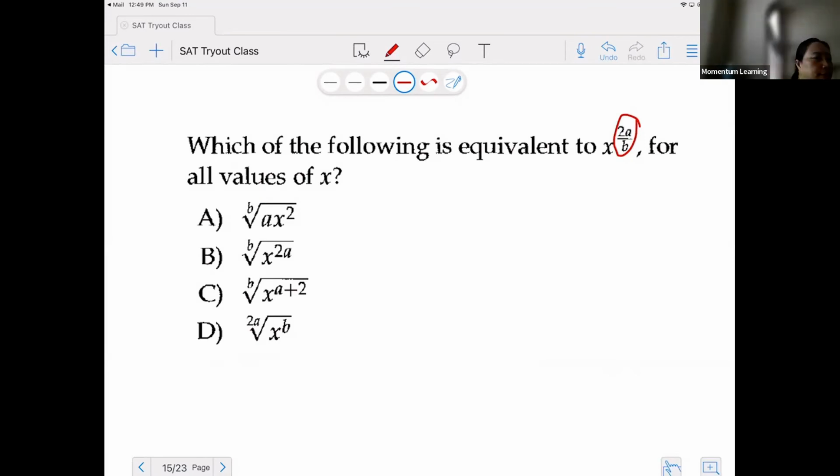Good job. So the 2a needs to be inside, and then b will be outside. So I saw quite a few of the problems. If you have a fraction in the exponent, it's basically just checking if you remember the formula. What is this number outside? What is the one inside?